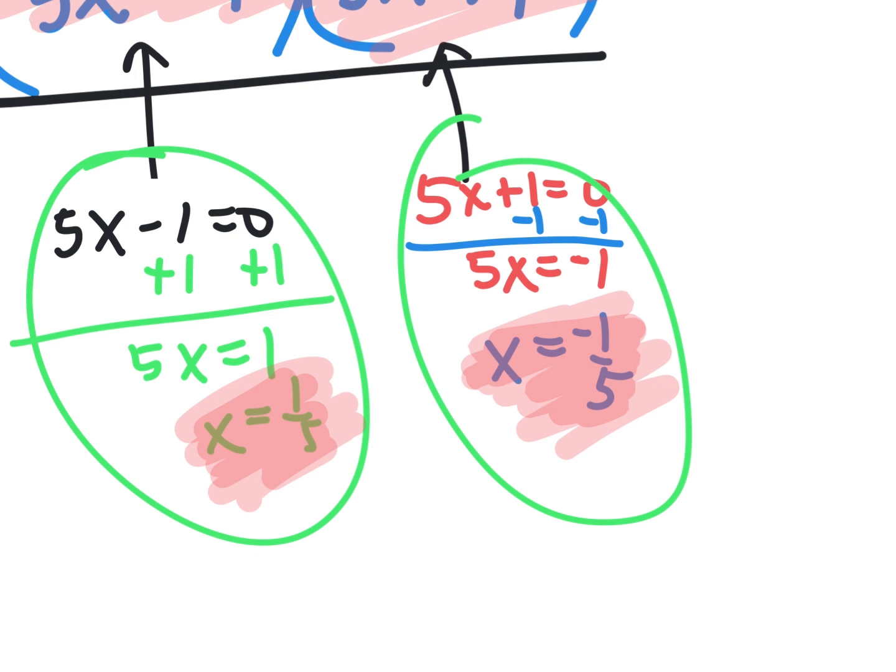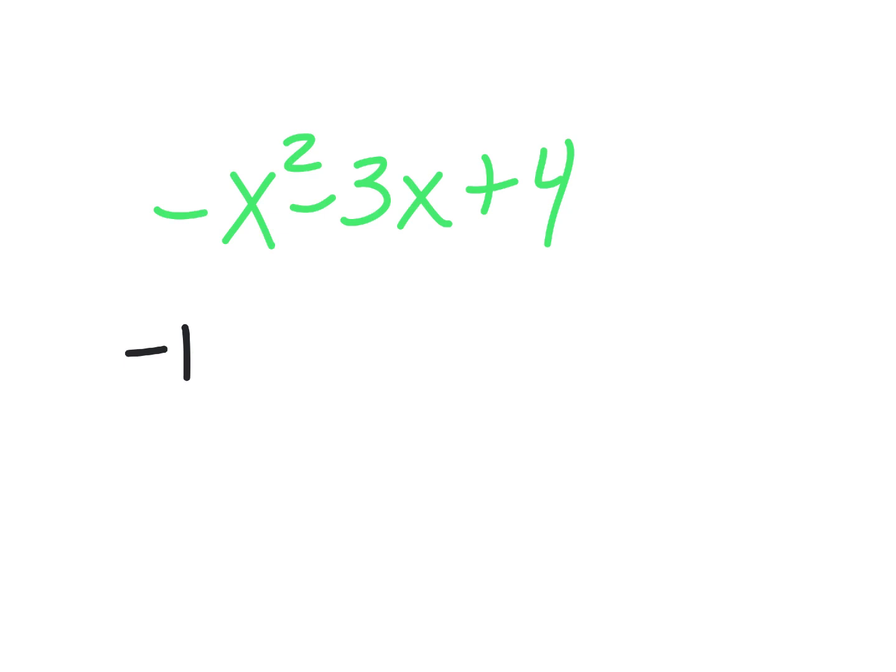Okay. So here I pre-whipped up this question to see who could handle factoring out a negative. Now there is more than one way to do this, but the smart way is to factor out a negative 1 and then factor it.